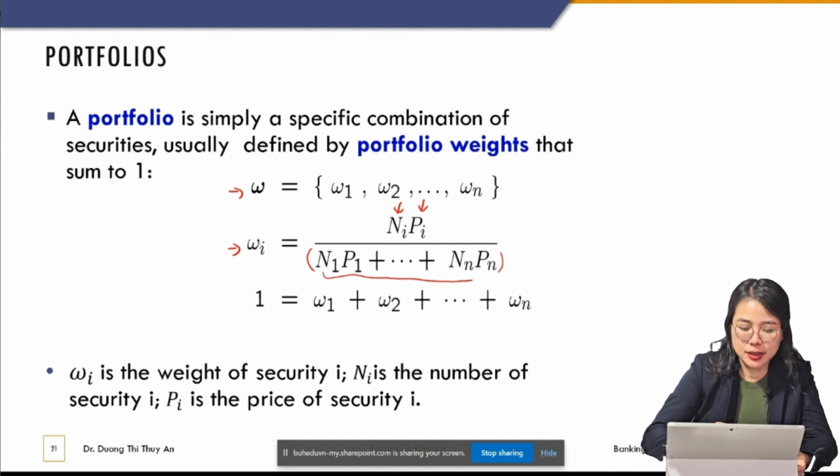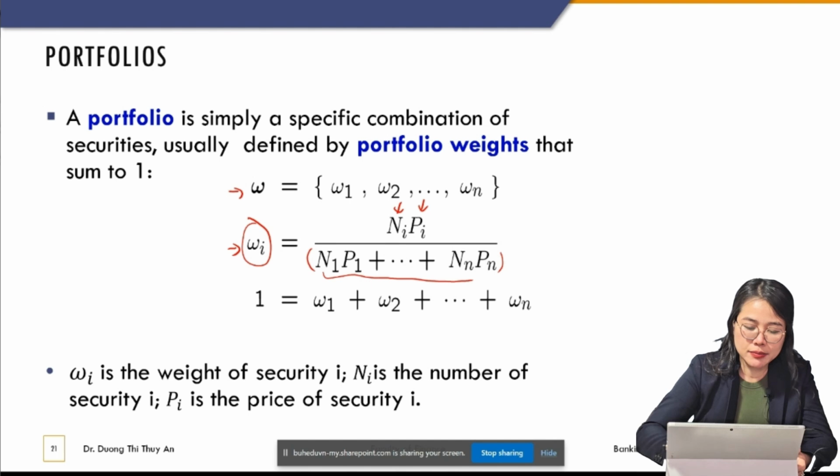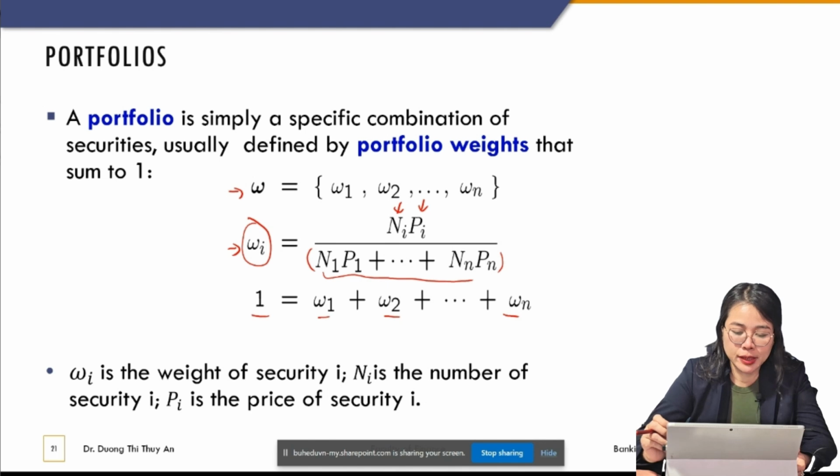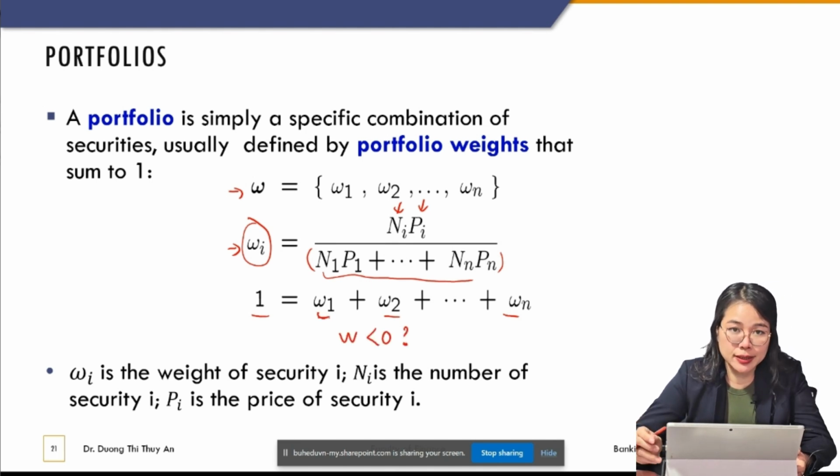So this measures the portion of stock i in the portfolio. And remember the sum of the weights is equal to one. So here you can ask, can a weight be negative?